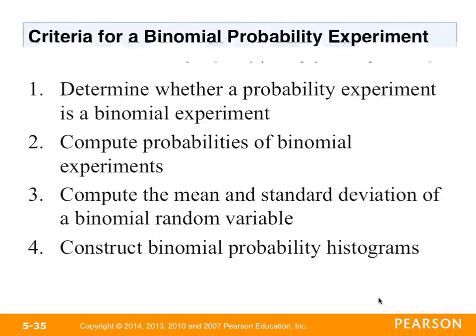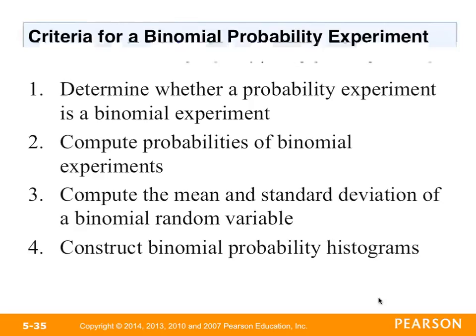So first thing we want to talk about is what is a binomial probability experiment. So a couple of things have to be true. An experiment is said to be binomial if the experiment is performed a fixed number of times, okay, so it has to be a fixed number of trials. Each repetition of the experiment is called a trial, okay? The second thing that has to be true is that the trials have to be independent.